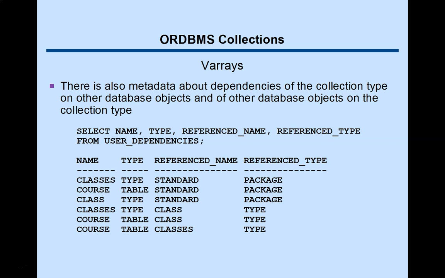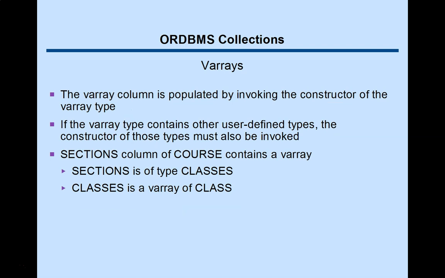There's also metadata associated with the dependencies of the VArray. This is the same view that we examined when we looked at dependencies for the nested table type. The column that we've designated as a VArray can be populated by invoking the constructor for our VArray type. If the VArray contains other user-defined types, the constructor for those types must also be invoked.